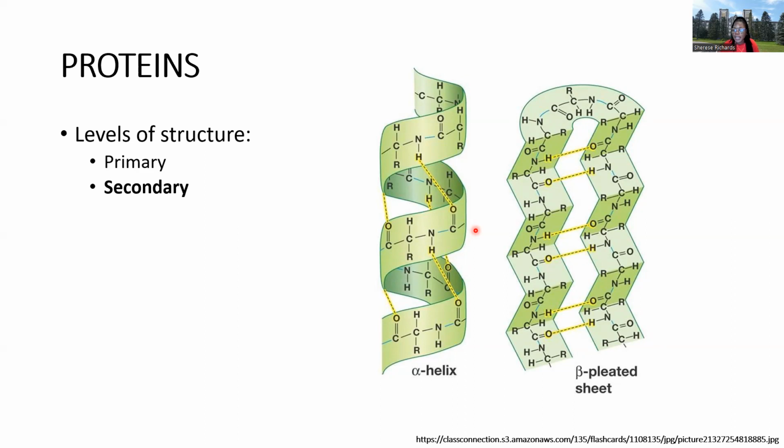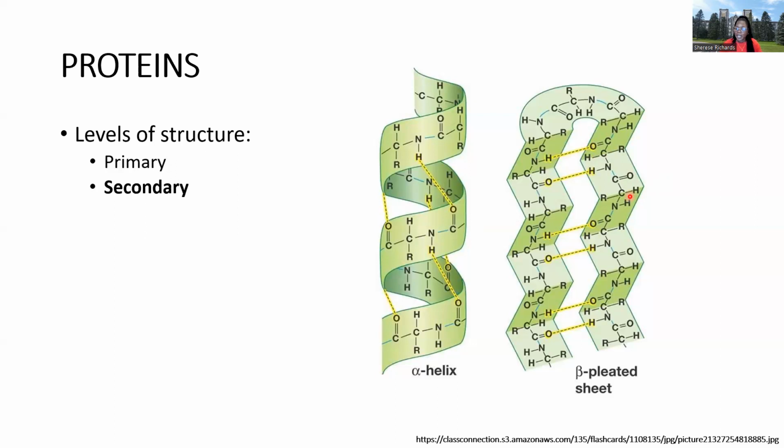Another example of a secondary structure are the beta pleated sheets. The beta pleated sheet is another type of interaction also between the carboxyl and the amino group, but just in a different fashion. It creates an entirely different secondary structure.